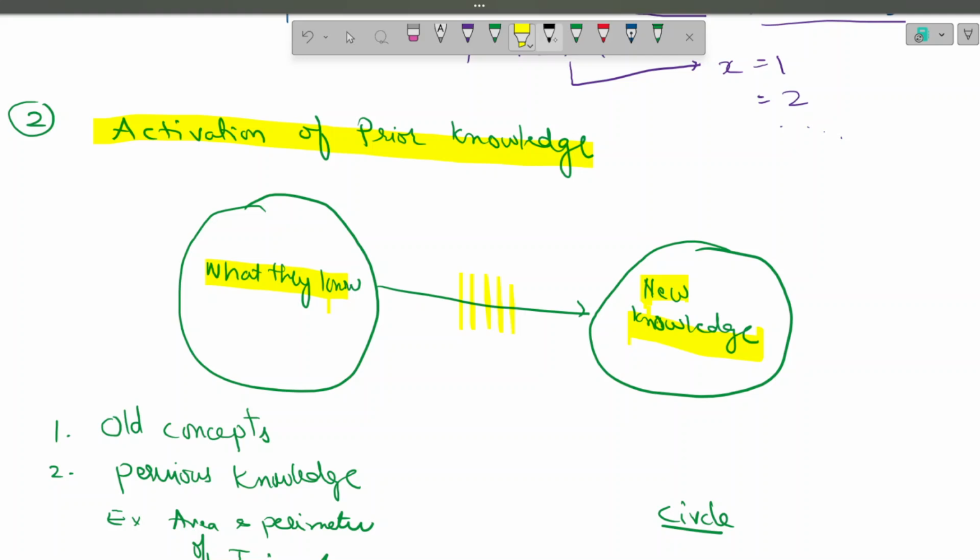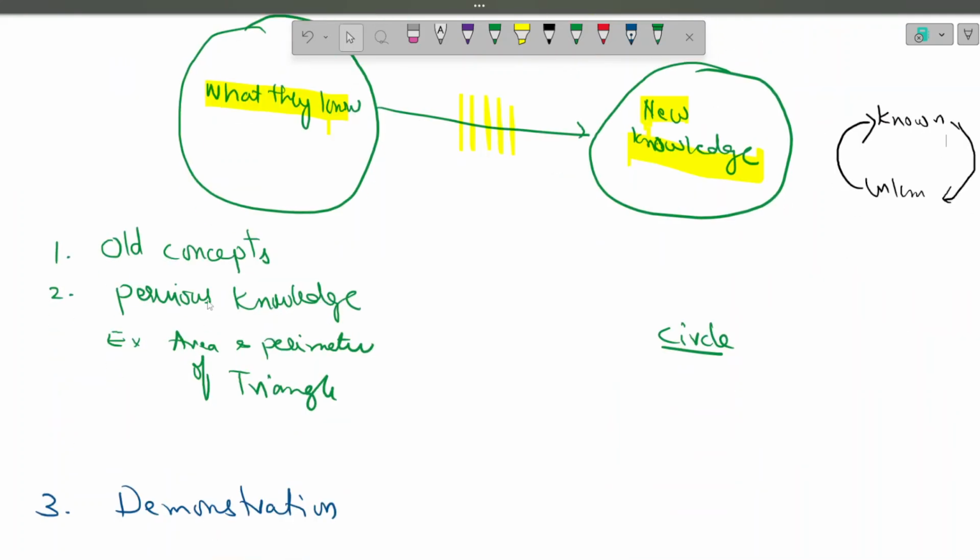You see, it becomes a cycle like this: known, unknown, unknown to known, known to unknown. This cycle is how they are learning. So what they know is the old concept, previous knowledge. In math, old concept means the tables, multiplication, fundamental things.